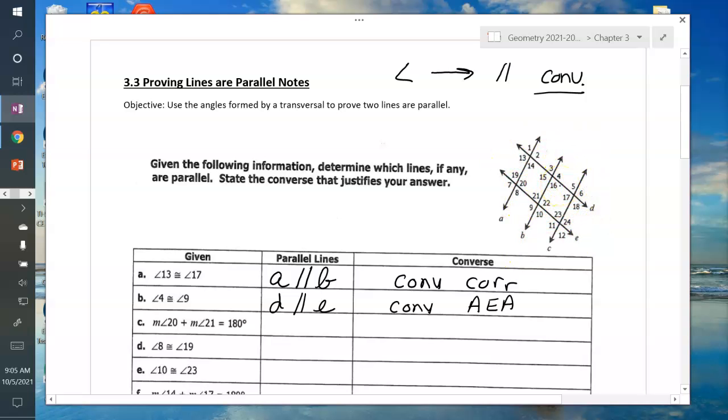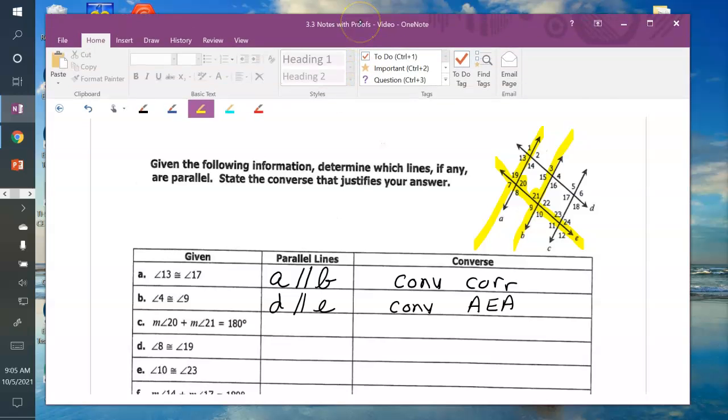Next, we're looking at angles 20 and 21. And we're told they add to 180. So 21 and 20. All right, here's my transversal right here, line E. Here's my parallel lines right there. So angles 20 and 21, those are on the same side of the transversal and they're inside the lines.